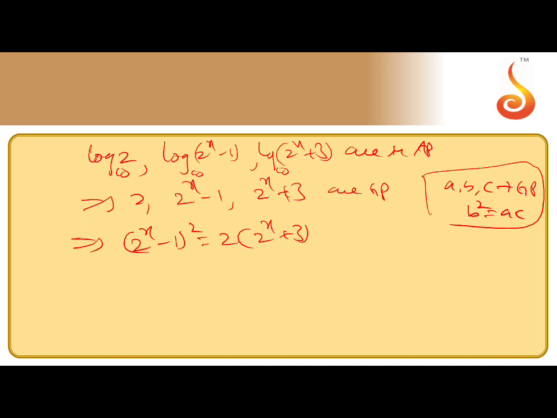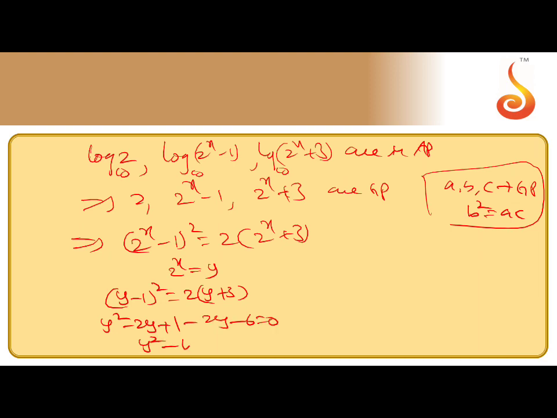So now when you solve this, if there is an exponent 2 power x, just take 2 power x equal to some y. This is nothing but y minus 1 whole square equals 2 into y plus 3. So simplify: y square minus 2y plus 1, minus 2y minus 6 equals 0.